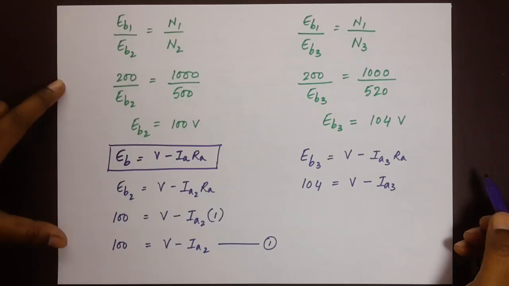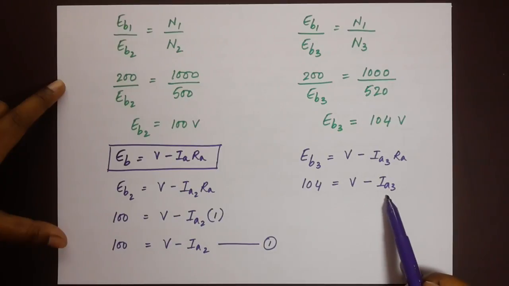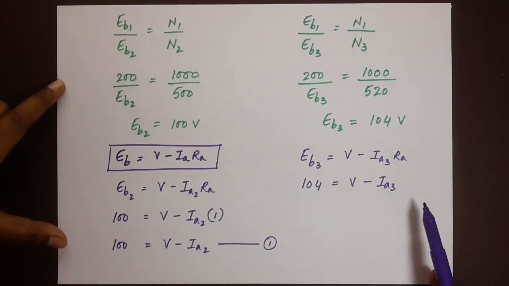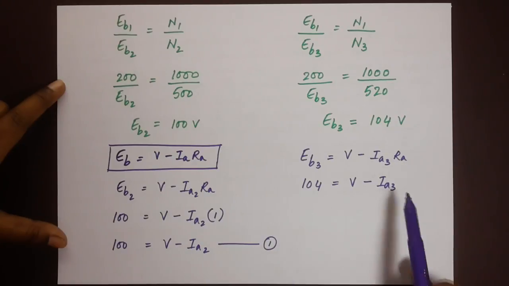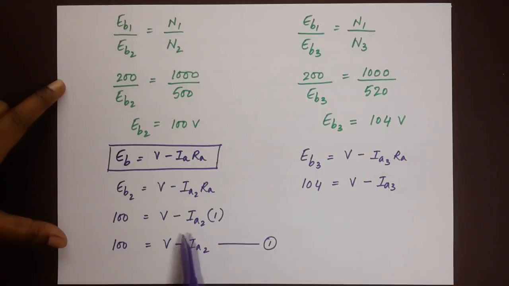So this is what we have. Now we have 3 unknown variables here. We have V, IA2 and IA3. So the next thing is to try and find a relation between IA2 and IA3 so that we can find out the value of IA2.